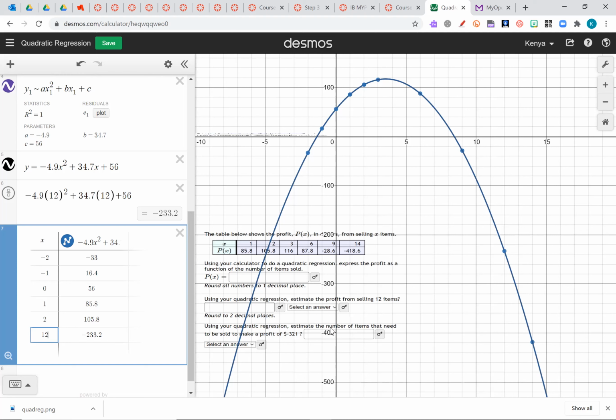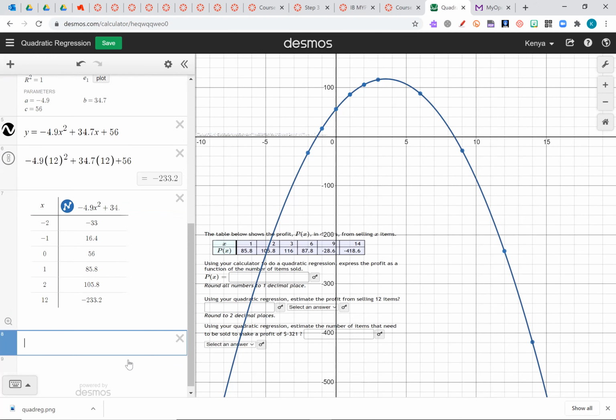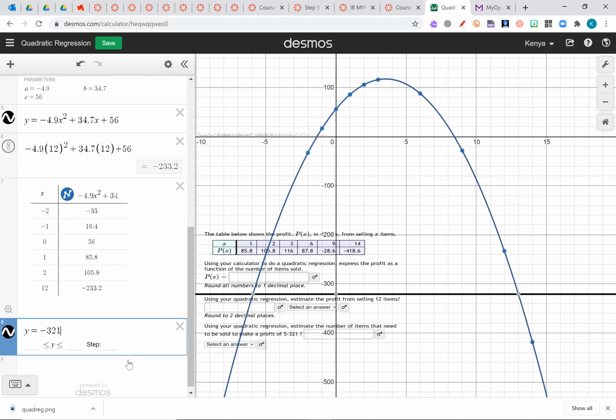All right, let's move on to the next question. It says, using your quadratic regression, estimate the number of items that need to be sold to make a profit of negative $321. That is a quadratic system whenever they ask us to do something that way. So that means I want to know when my profit is going to be equal to negative 321.